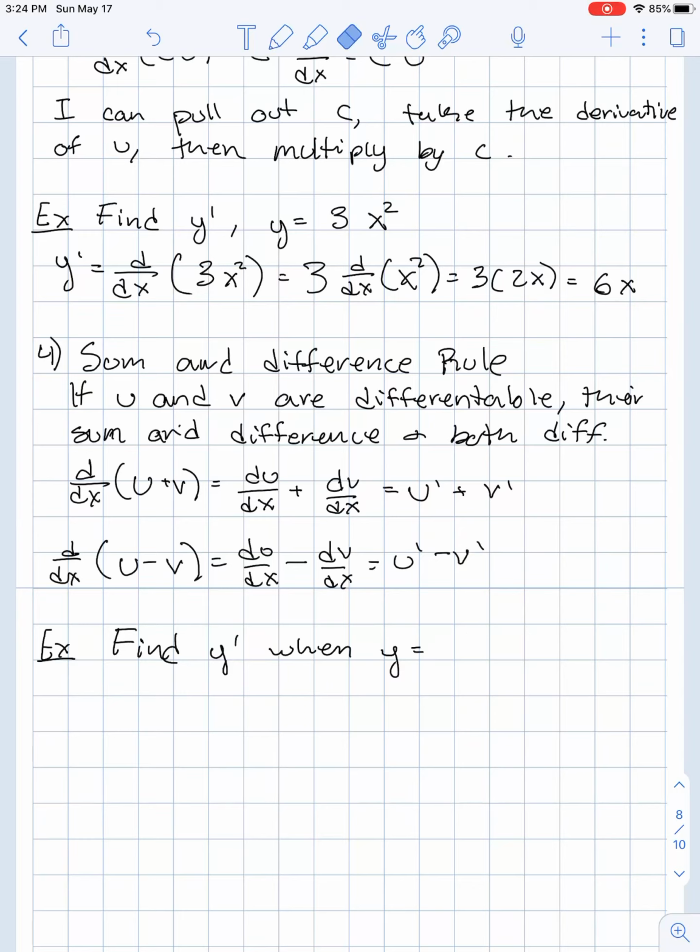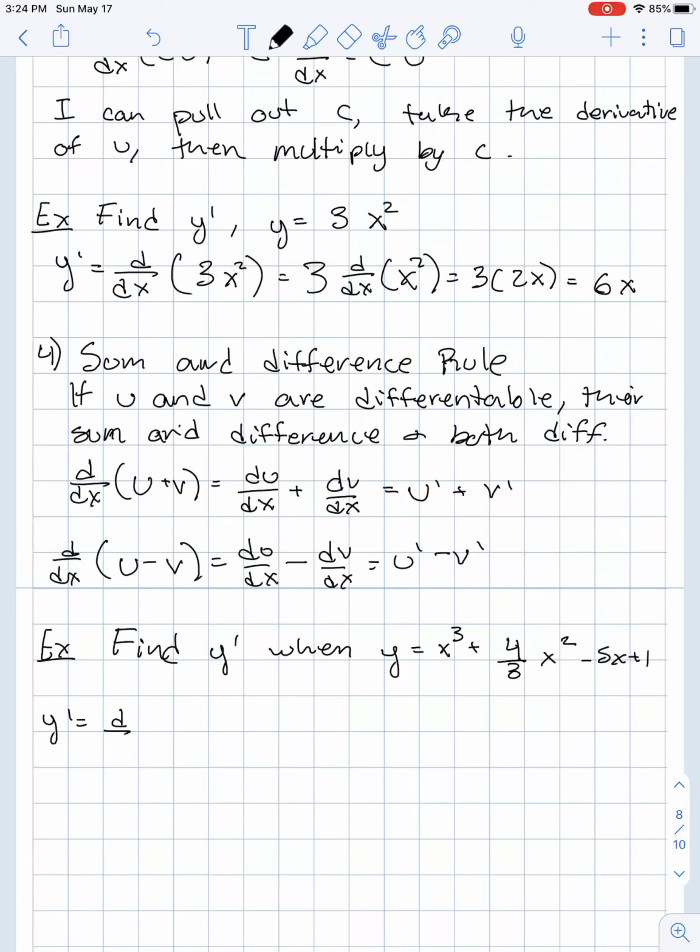No, just kidding. Not that one quite yet. We'll do that one in a second. x to the third plus 4/3 times x squared minus 5x plus 1.